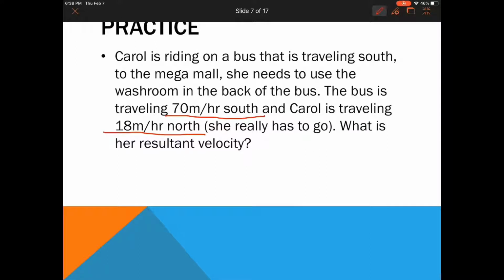What is her resultant velocity? Well, in this case, these are moving in opposite directions. One's moving north and one's moving south.